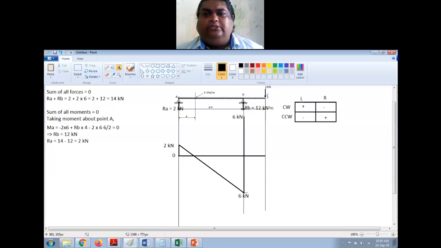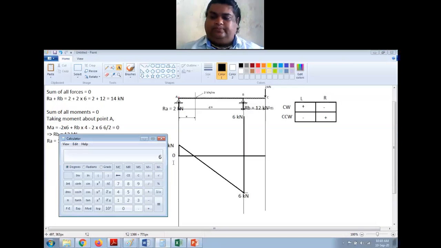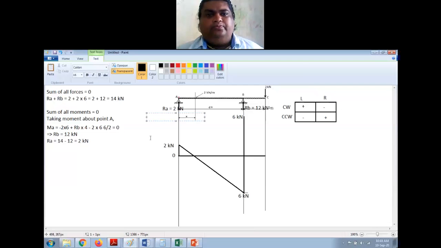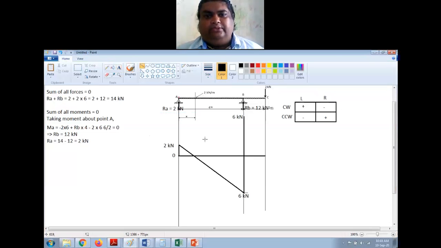Now from B to C, I have again UDL. Intensity remains 2 kilonewton per meter and the length is 2 meter. So 2 into 2 it is 4 and you have to subtract 4 from this, right? So minus 4, so that will be again 2. I will just mark this approximately here, right?